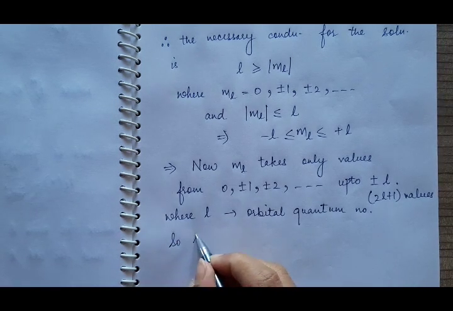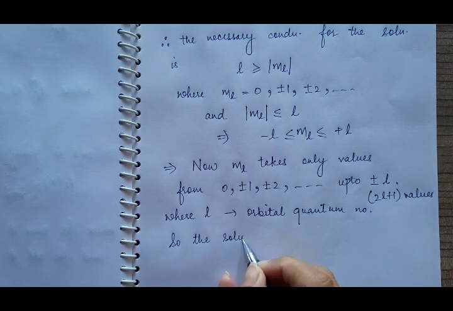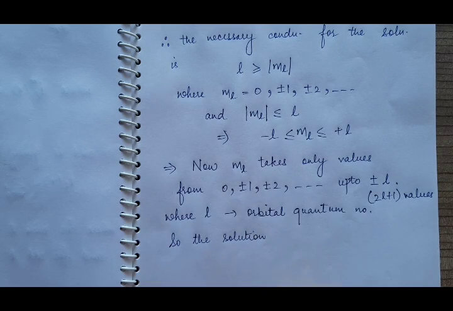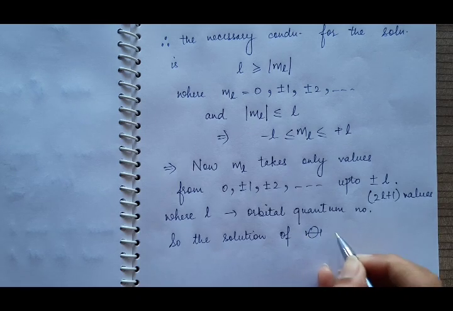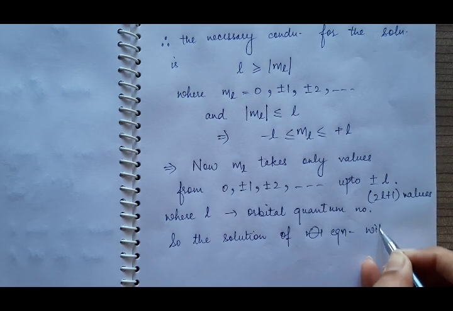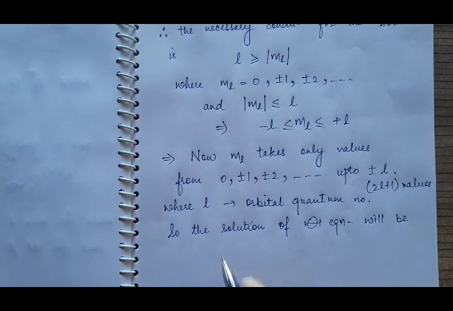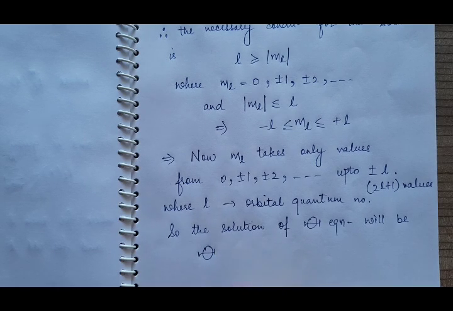The solution of the theta equation will be, because the theta wave function equation is the same as the standard associated Legendre equation, so theta will depend upon the associated Legendre polynomial. Initially theta was a function of the zenith angle theta, but we have converted theta into the variable z.